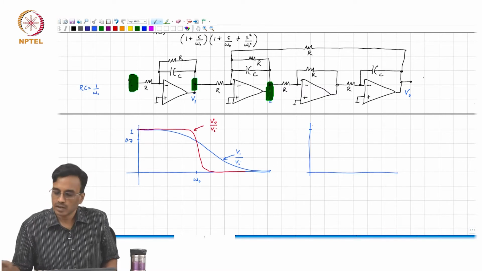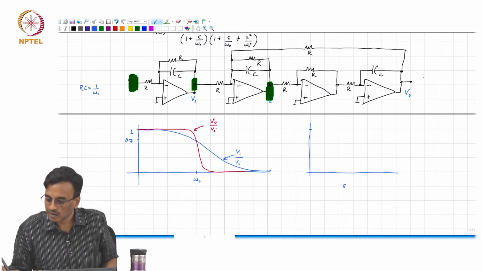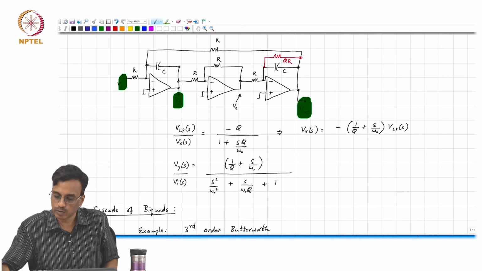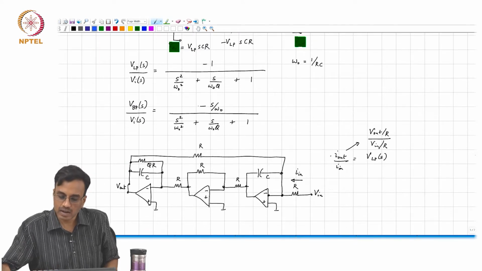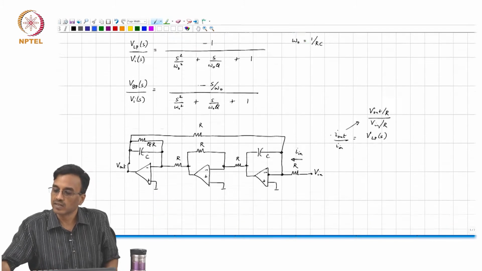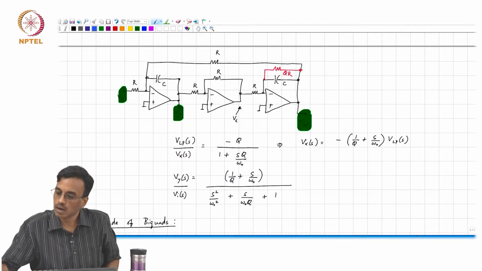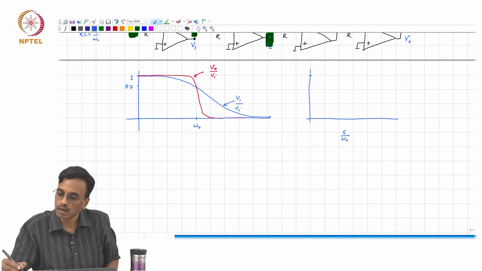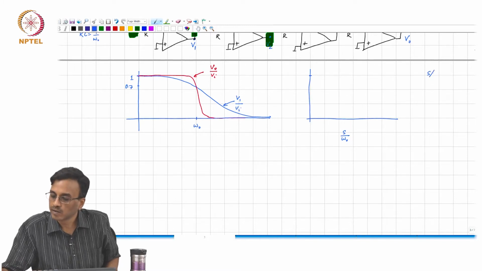It's band pass. So, that is nothing but s by omega naught. Let us recall what the band pass transfer function was. It is simply s by omega naught divided by the denominator polynomial. So, it is simply s by omega naught divided by s square by omega naught square plus s by omega naught plus 1.